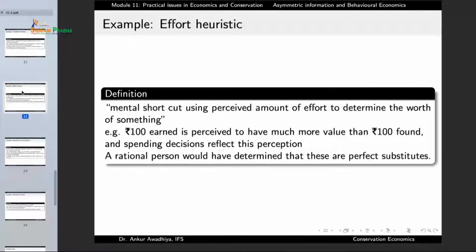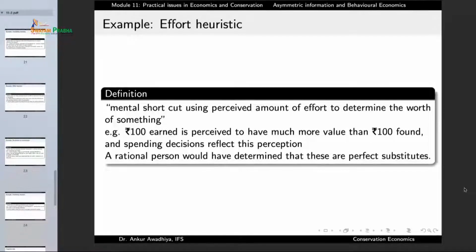Another example is the effort heuristic. How much effort do you put into doing something? It is a mental shortcut using perceived amount of effort to determine the worth of something. An example is that 100 rupees earned is perceived to have much more value than 100 rupees found or gifted. And spending decisions reflect this perception.